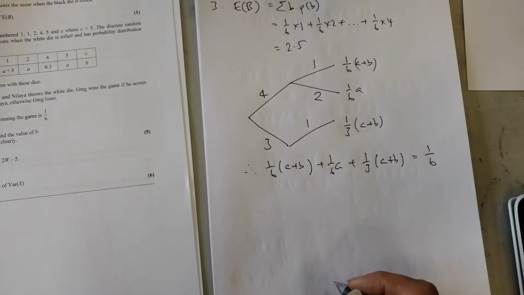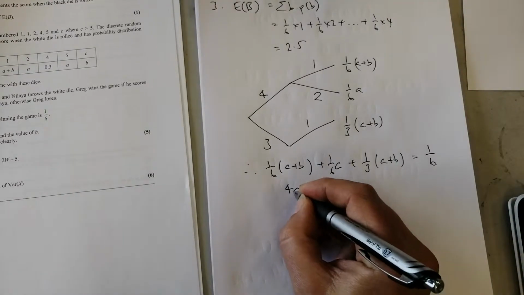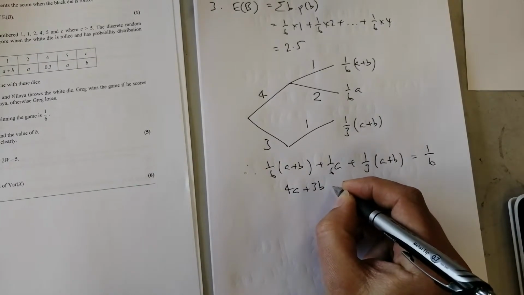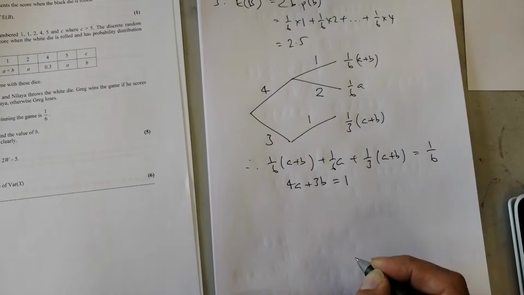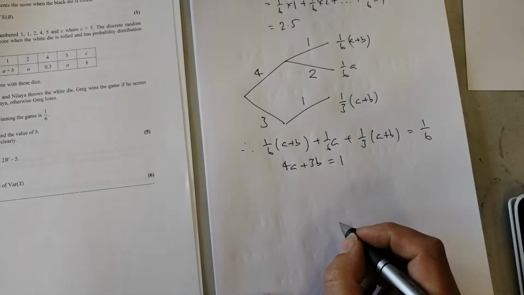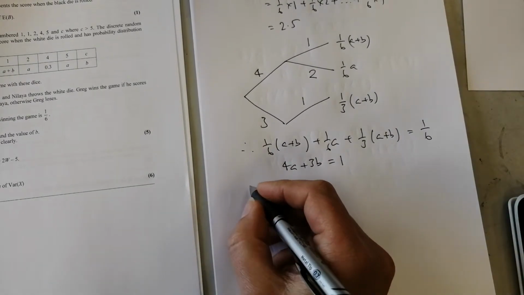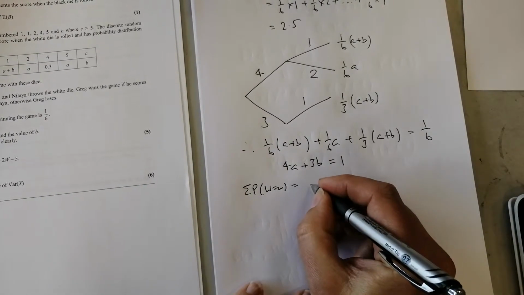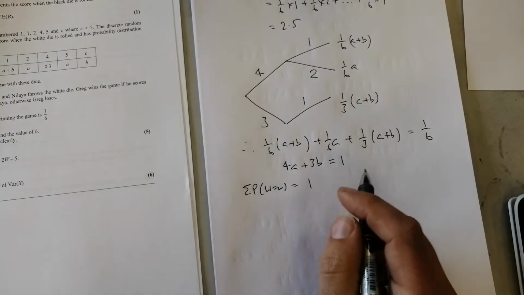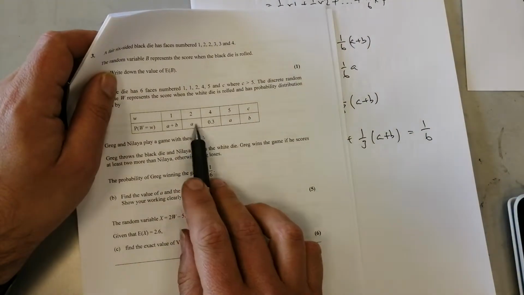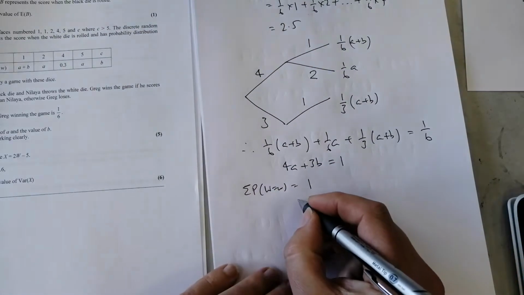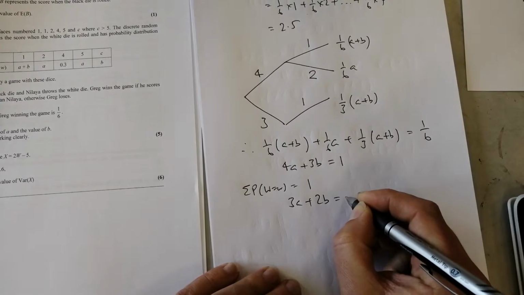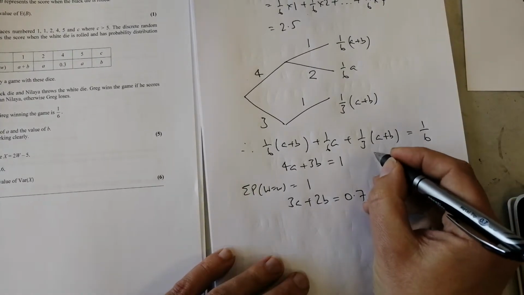We can then multiply out the brackets and simplify, and that becomes 4a plus 3b is equal to 1. That's one equation we can get. We also know that the sum of the probabilities is equal to 1, and if we sum these probabilities, we end up with 3a plus 2b is equal to 0.7.